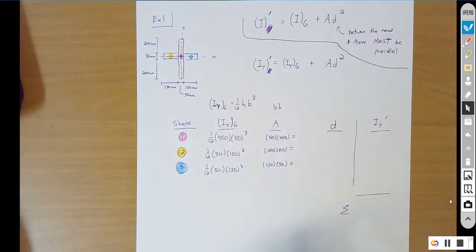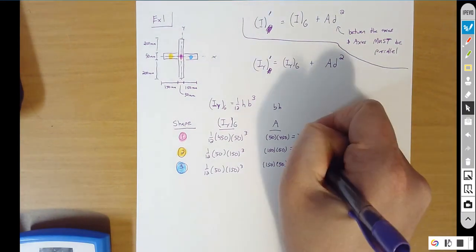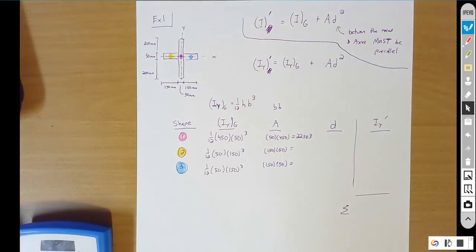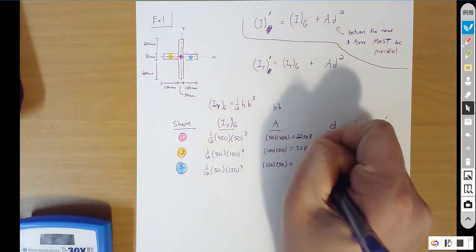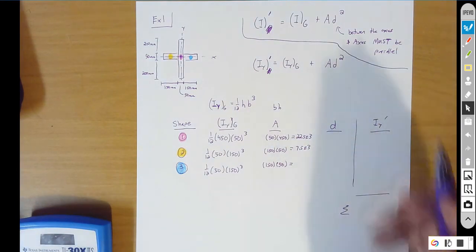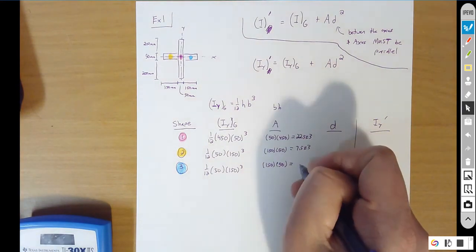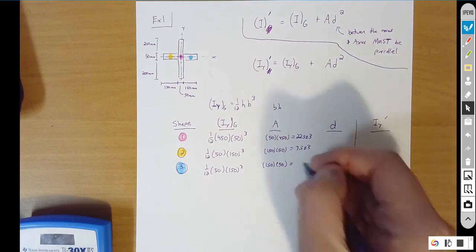For instance, 450 times 50 is 22,500, or 22.5 E3. Ultimately you want to get all the numbers. Don't be afraid to use your E3s or your kilos or whatever, just to get things cleaned up. What you don't want to do is put this in meters and this in millimeters, because all sorts of bad stuff will happen.